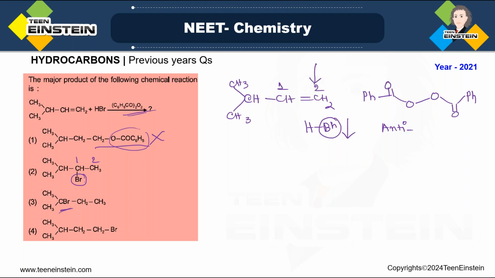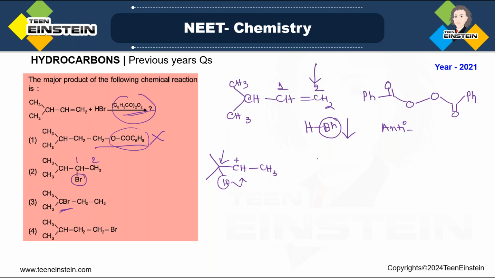So suppose you are not using peroxide linkage containing compounds and you are adding HBr, then there is a chance of carbocation rearrangement. How will it happen? First the carbocation will be here, and then this is a secondary carbocation. If this hydrogen shifts here, a new carbocation will be here, and then this type of option 3 compound is possible. But that is not happening here.